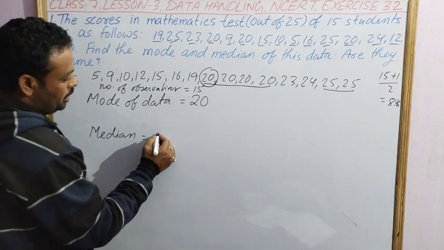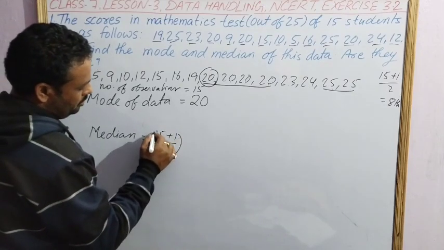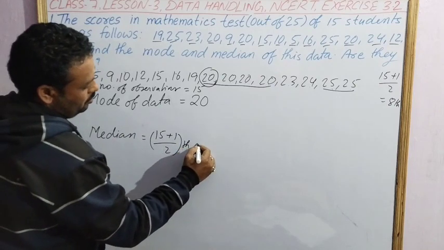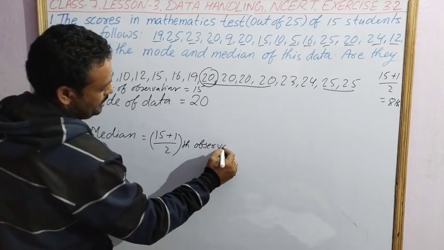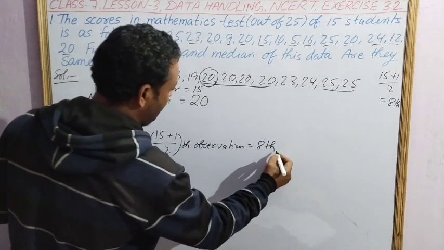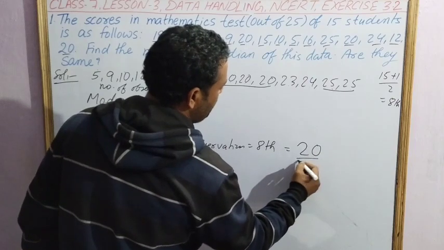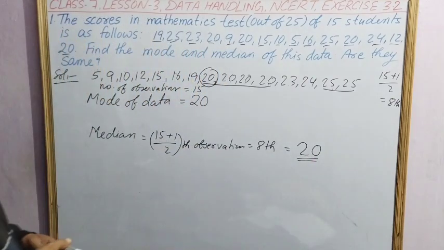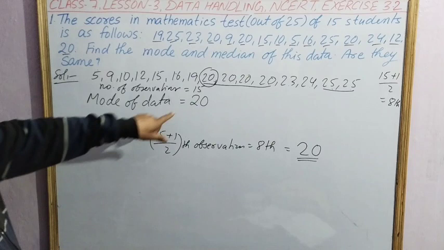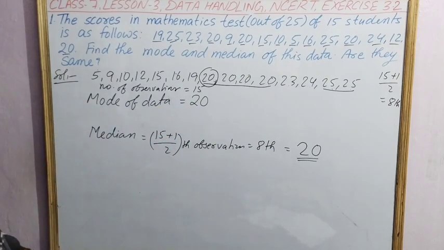So median is equal to the (15 plus 1) by 2 observation, that is the 8th observation, and the 8th observation is 20. So median is 20.